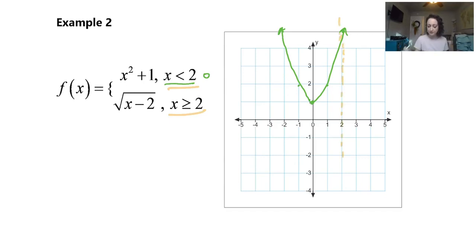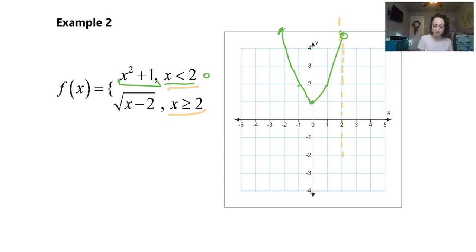Now, do you want to erase everything to the left of 2 or everything to the right of 2? We're going to erase everything to the right of 2 because this is only valid for x's strictly less than 2. And again, we said open circle at 2, and that will be the point 2, 5, right? If I plug in 2 there, I get 5 for y.